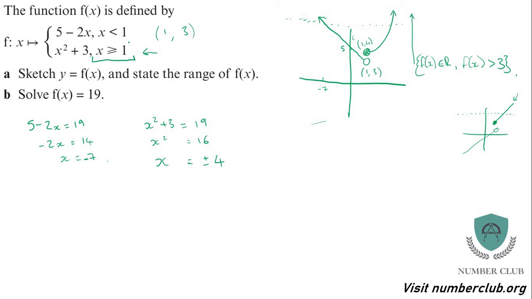Also, x has got to be greater than or equal to 1 in order to make that part of the function work. Okay, so we need to choose x equals 4 as x is greater than or equal to 1. Okay, so your solutions are x equals negative 7 and x equals 4.